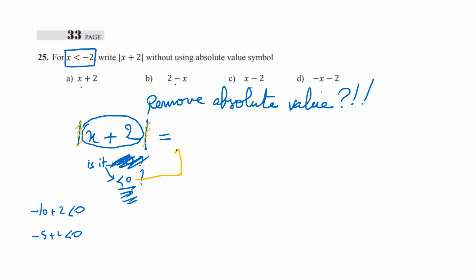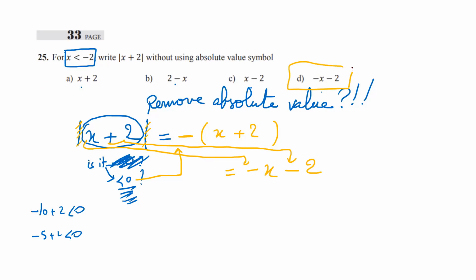Since it's negative, we switch all signs. We take the opposite. Positive becomes negative. Positive becomes negative. Why? Because x is less than -2. So the correct answer is D.